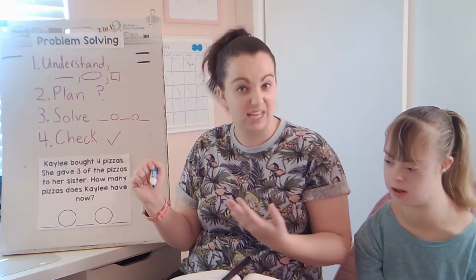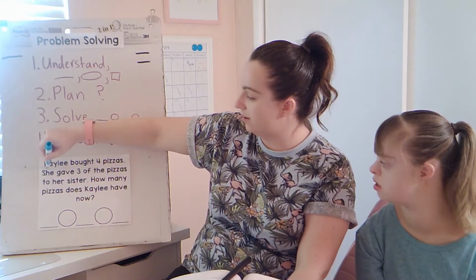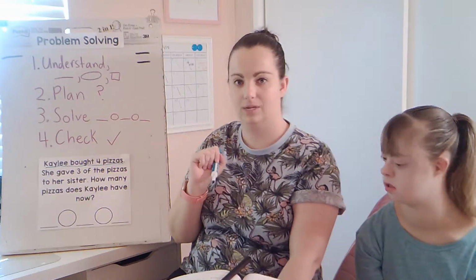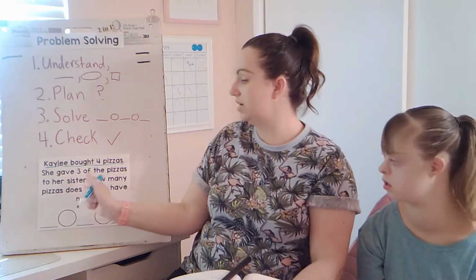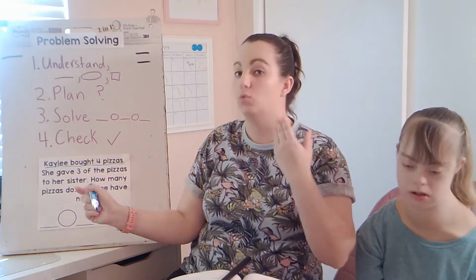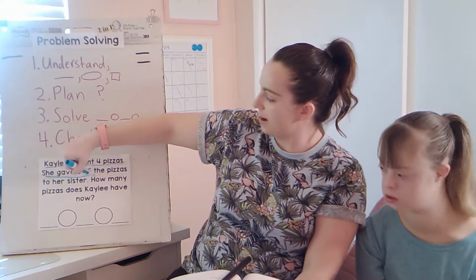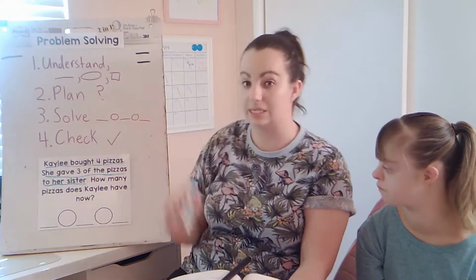Does it tell us that? Yeah. So I'm going to take my writing tool and underline, Kaylee bought 4 pizzas. And then it also says she gave 3 of those pizzas to her sister. It tells us that. We know that. So I'm still going to underline that. She gave 3 of the pizzas to her sister.